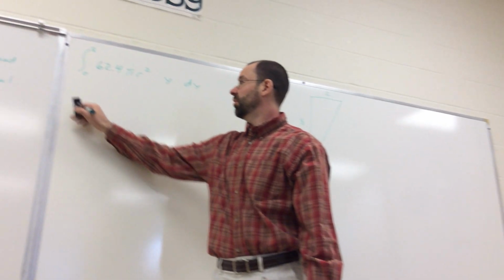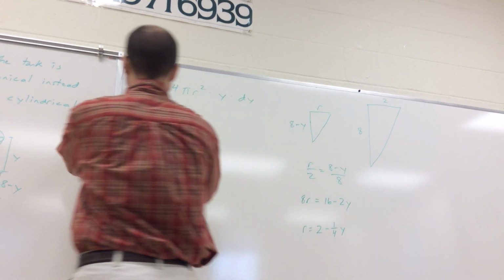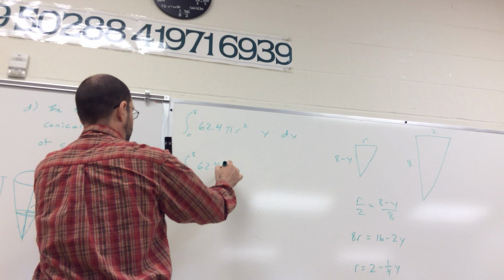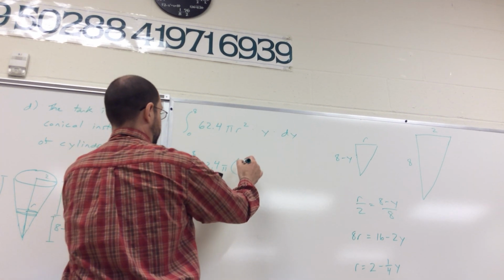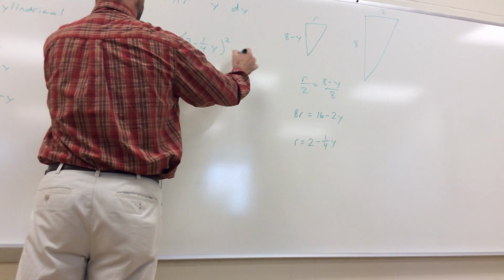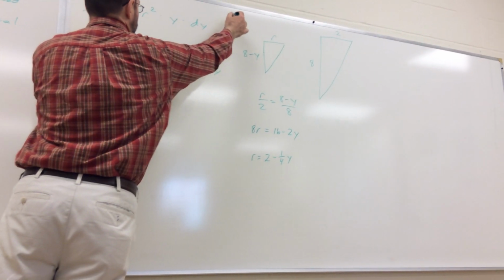So I've got the integral from 0 to 8, 62.4 pi times (2 minus 1/4 y) squared times y dy.